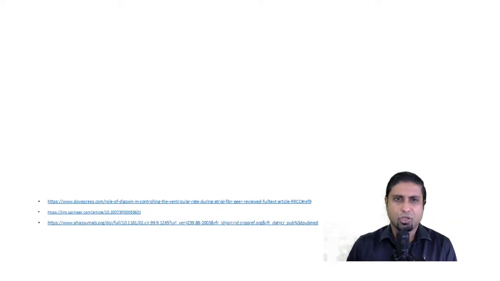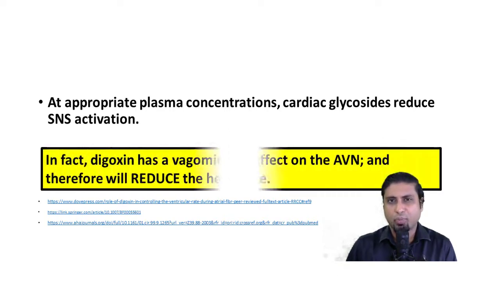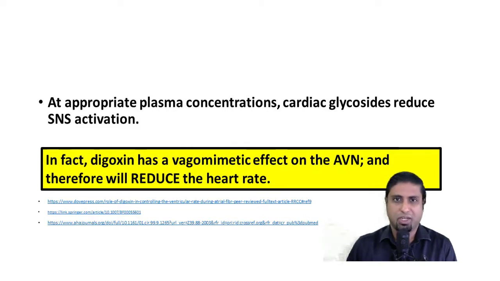Now, in the case of digoxin, this doesn't happen. Digoxin manages to produce vasodilatation without a reflex activation of the SNS and the RAS. In fact, digoxin has a vagomimetic effect on the AV node and therefore will reduce the heart rate.